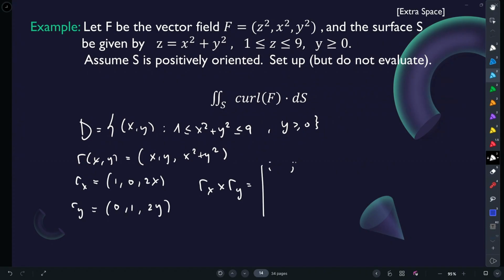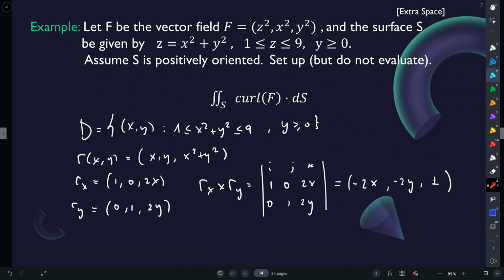that's going to be i, j, k, 1, 0, 2x, 0, 1, 2y. And that is going to be minus 2x, then minus 2y, and 1.